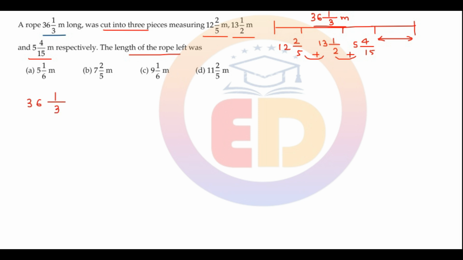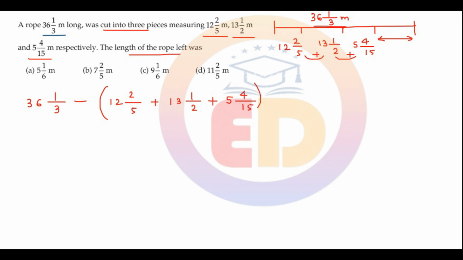This is the total length of the rope, and from this you have to subtract the sum of the 3 parts, which are 12 whole 2 upon 5 plus 13 whole 1 upon 2 plus 5 whole 4 upon 15.